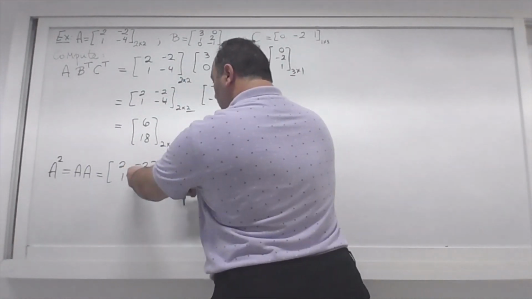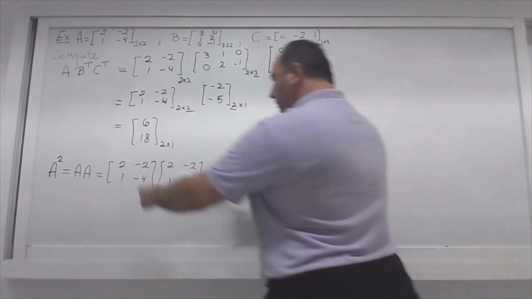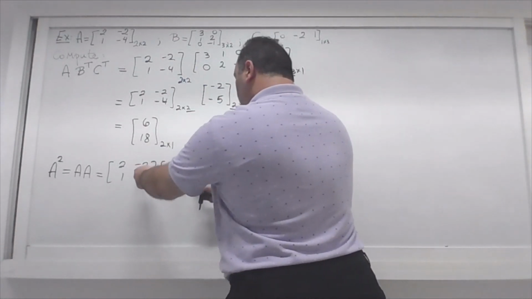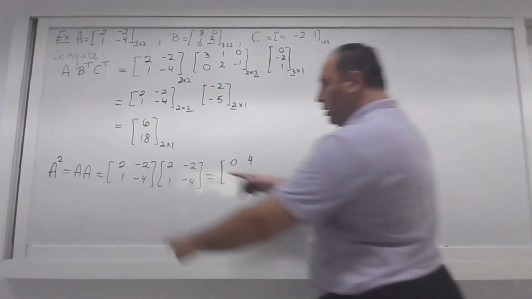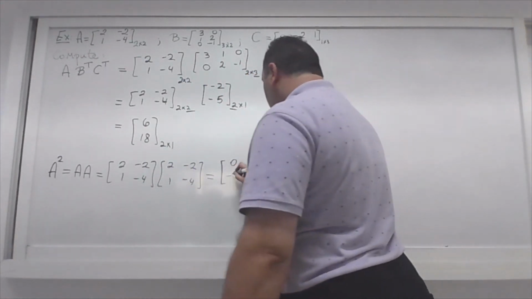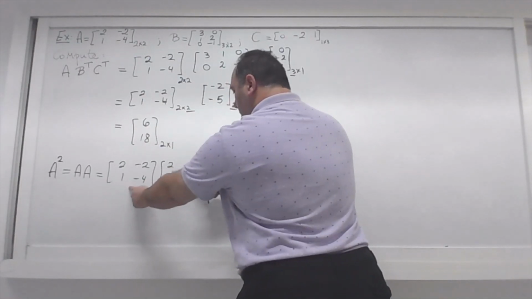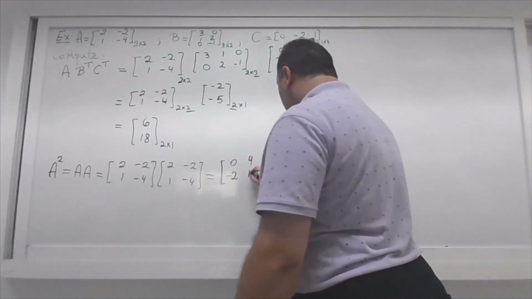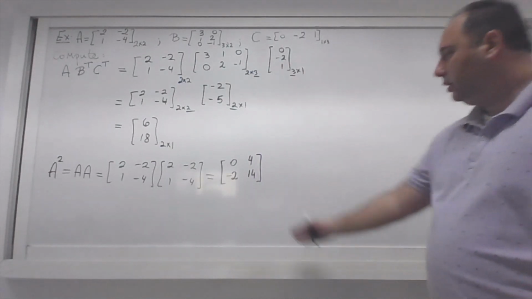2 minus 2, 0, okay. Minus 4 plus 8, that's 4. 2 minus 4 is minus 2. The last one, minus 2, 16. So A squared is this matrix.